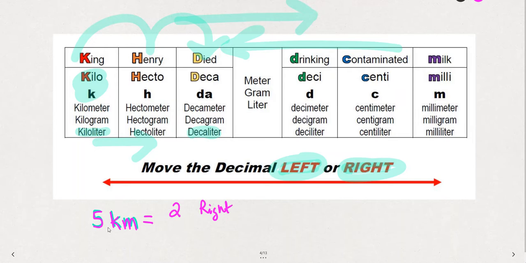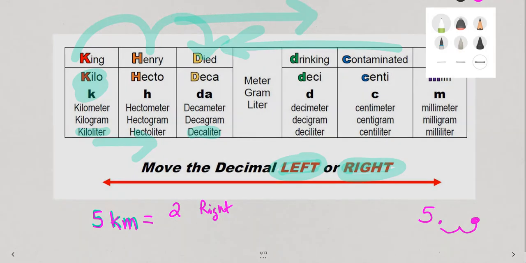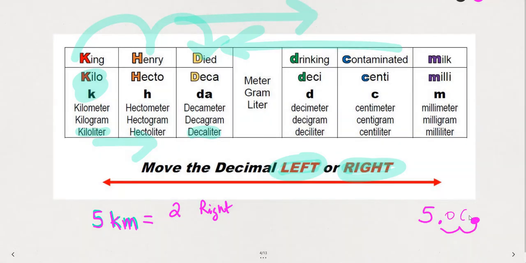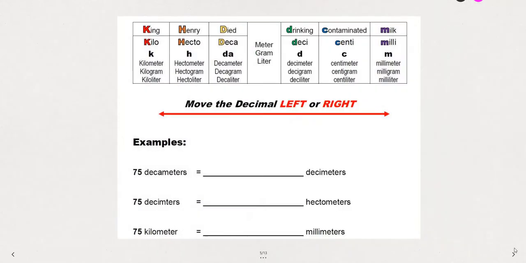So if I move this decimal place 2 to the right, 1, 2, and place it here, you can see that we would need 2 zero placeholders. So that's 500 decaliters, and so on. This is how you use this chart. Just move to the right or to the left the number of decimal places.